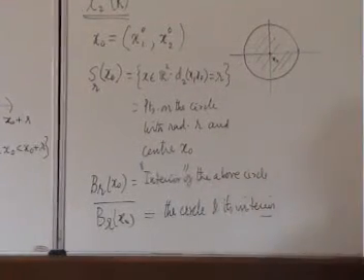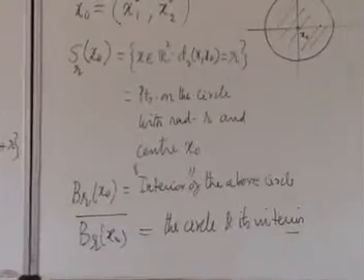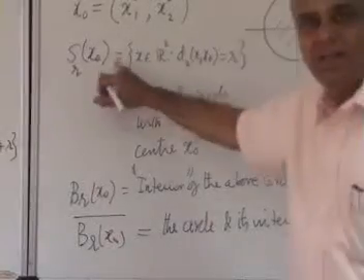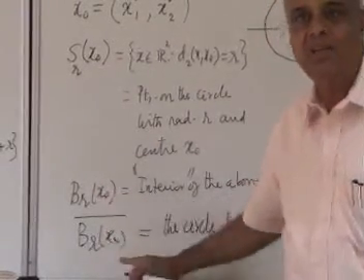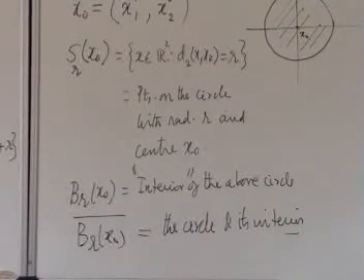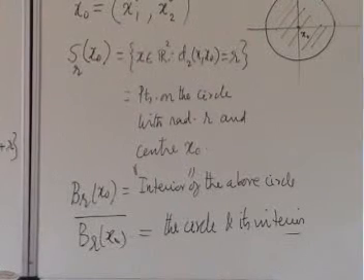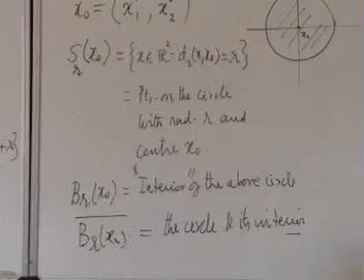What will this be in 3 dimensions? This will become the sphere. This will become the interior of the sphere. This will include the interior as well as the sphere. Then we have the 4-dimensional sphere, the 4-dimensional balls and 4-dimensional closed balls, whatever you want to call it.